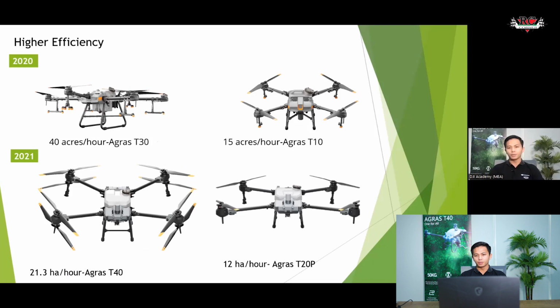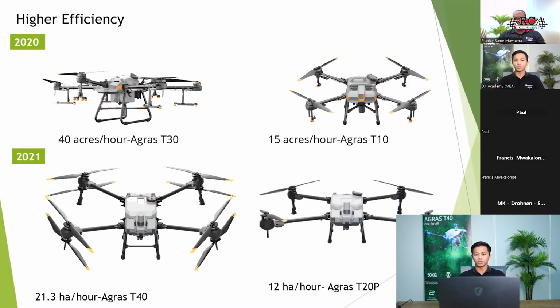Maybe some farmers say, I don't want to invest in the big drone, I want to go with a smaller capacity. You have its younger brother, the Agras T20P, that could finish 12 hectares per hour.